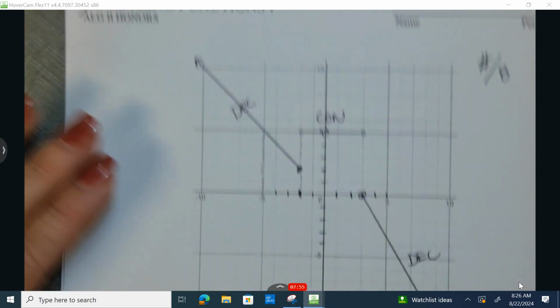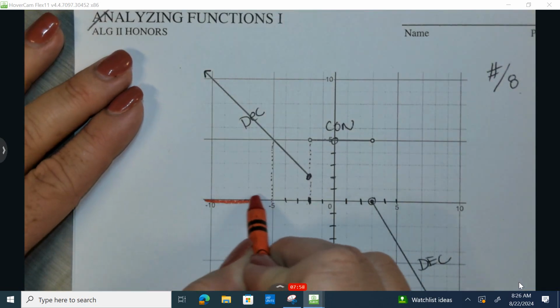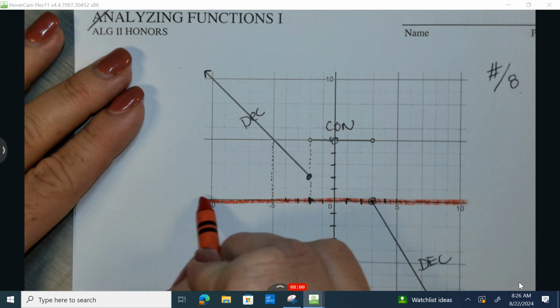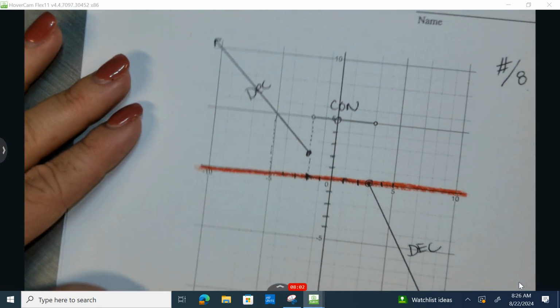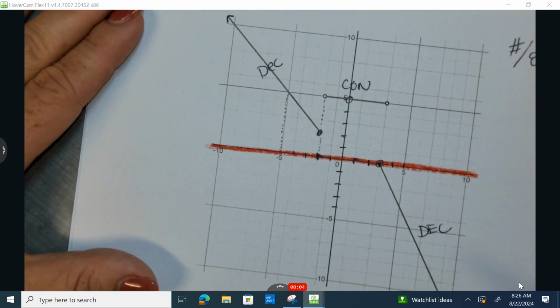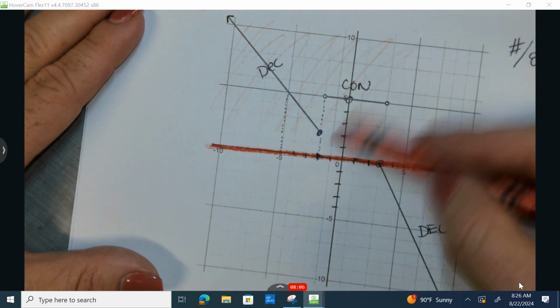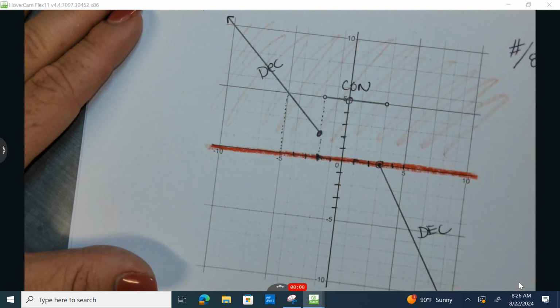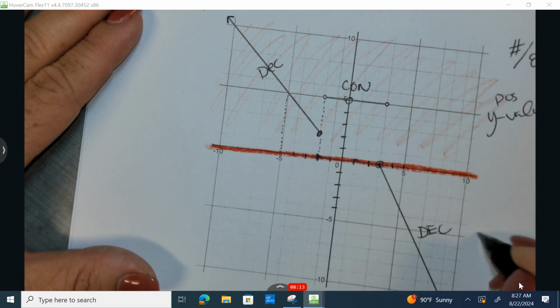So I'm going to take a crayon and go right along the x-axis, not the y-axis, the x-axis. Anything above that is going to be the positive y values, and anything below that is going to be the negative y values.